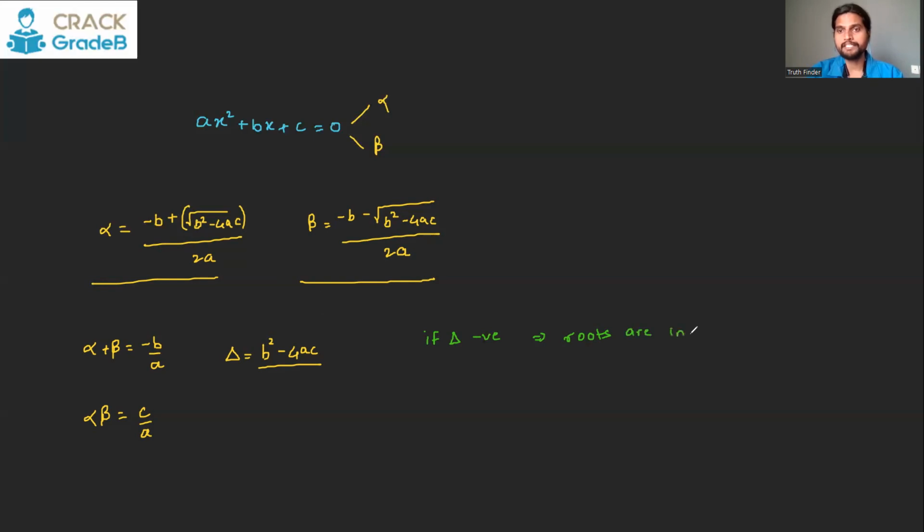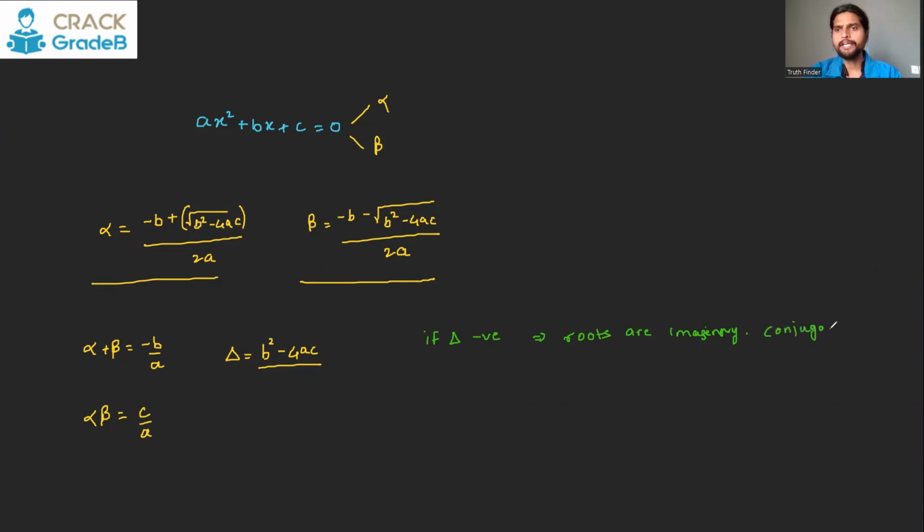Roots are complex or imaginary. And those will be complex conjugates of each other. Imaginary means complex.